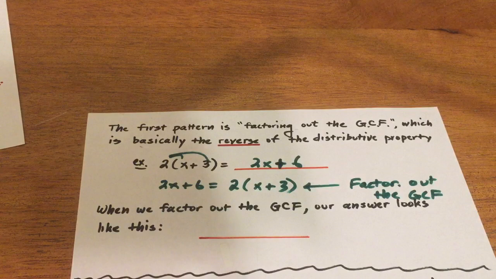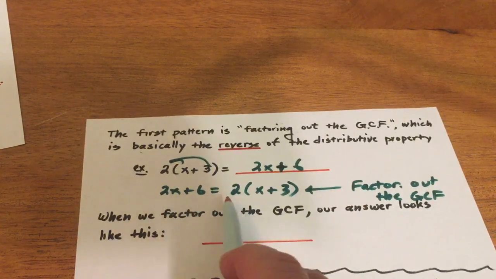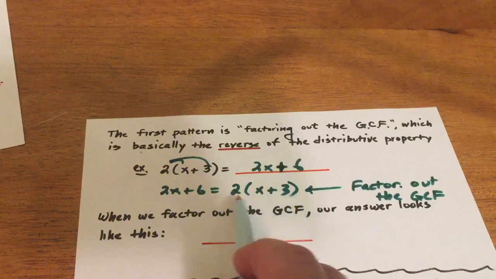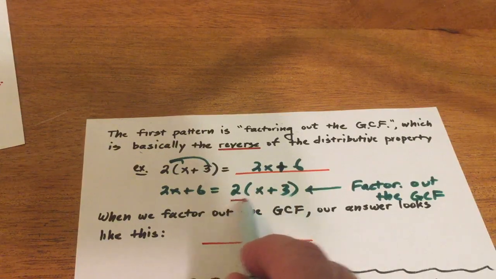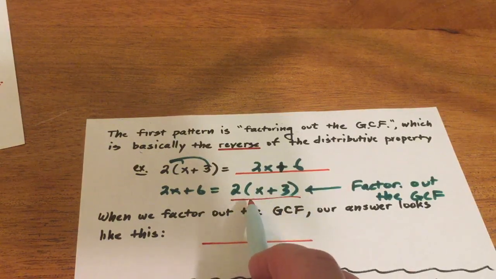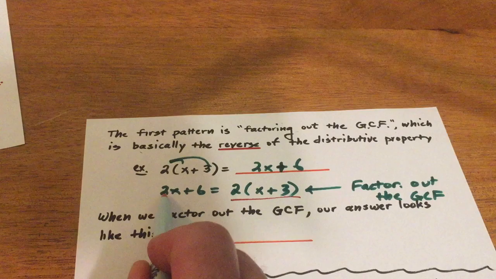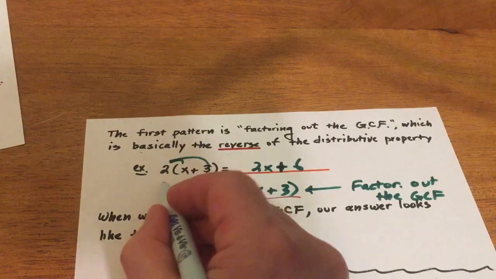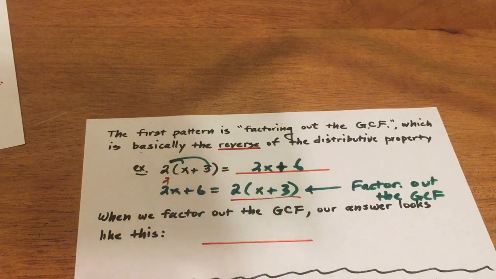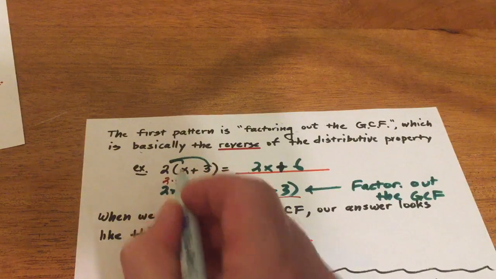Now let's take a look at this for just a moment. When we look at this factoring out the GCF, our answer, because this is what we're going to need to be able to come up with, hopefully you realize one thing. When you look at 2 times x, you can see that this expression is made up of a 2 multiplied by an x, isn't it?